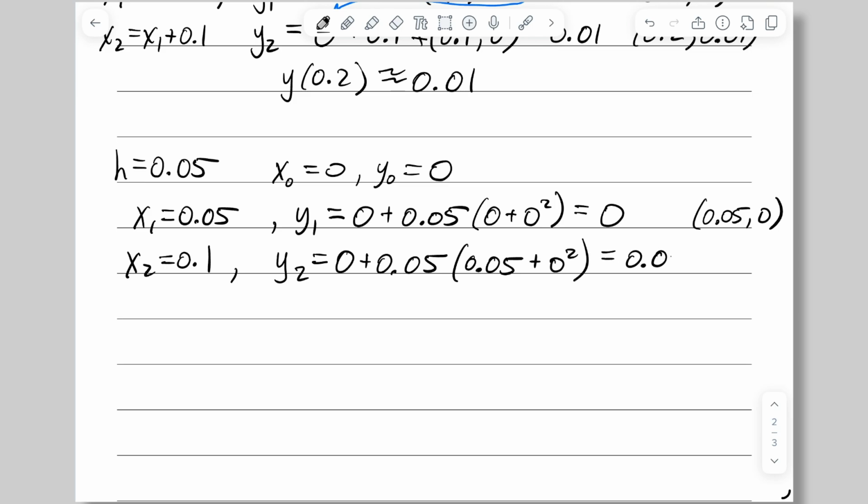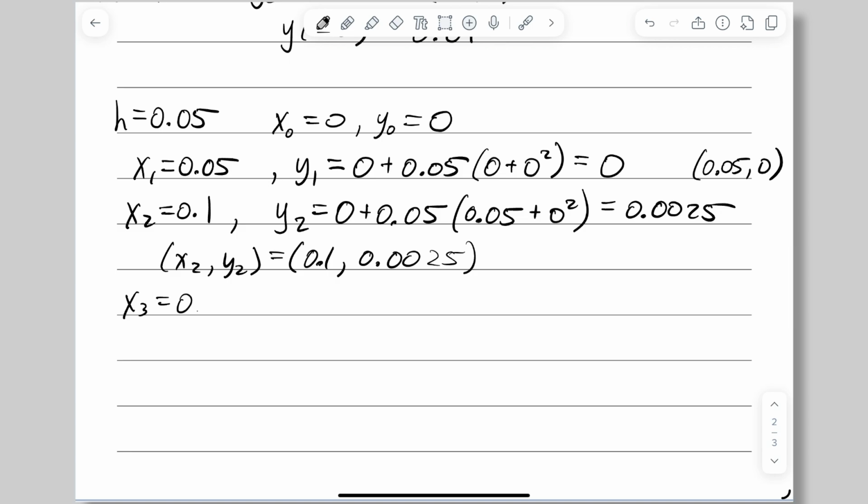This gives us 0.0025, and the point x2, y2 equals 0.1, 0.0025. Now that's not what we're after, but I'm writing that down so that you have the context.